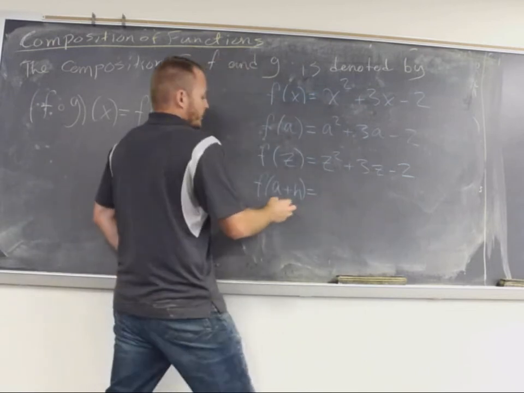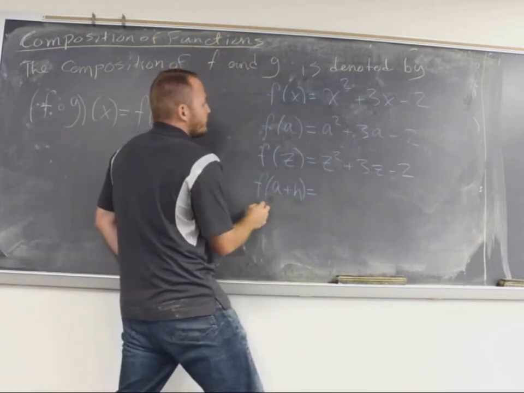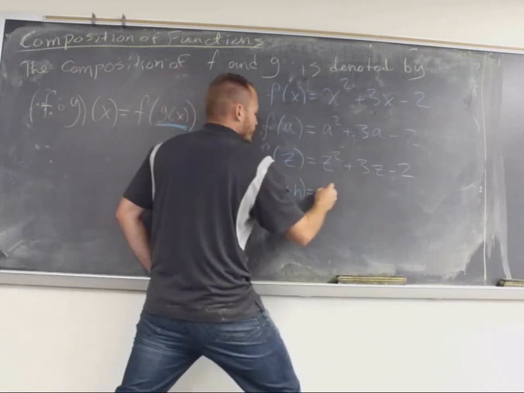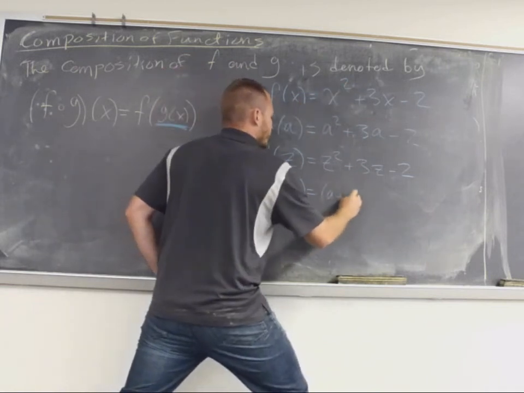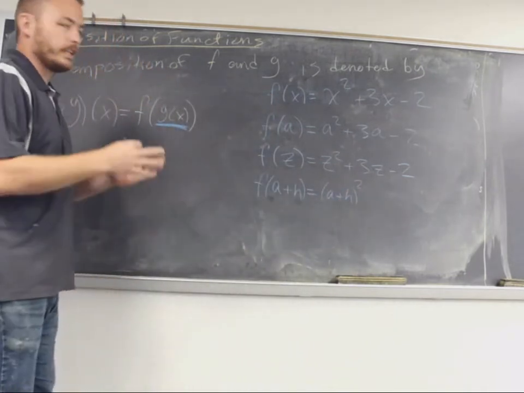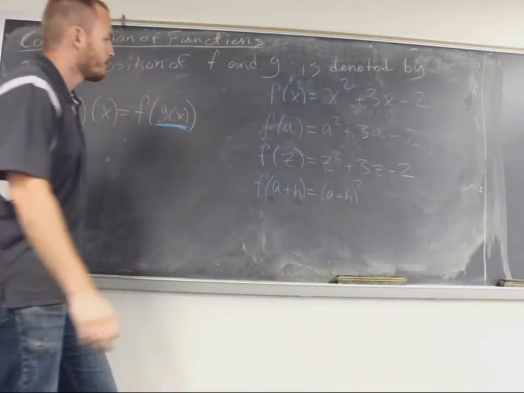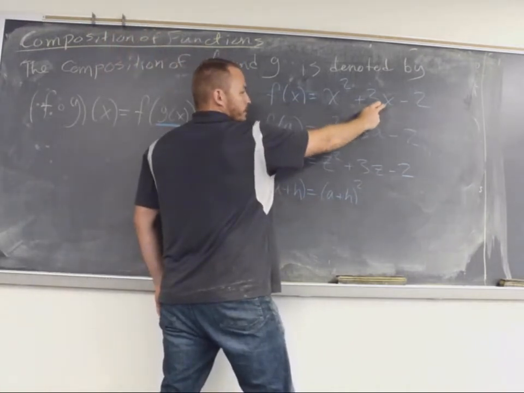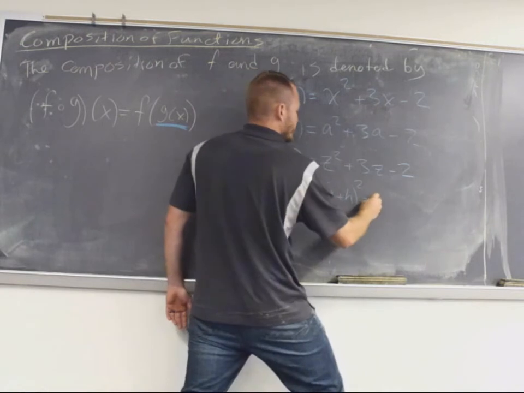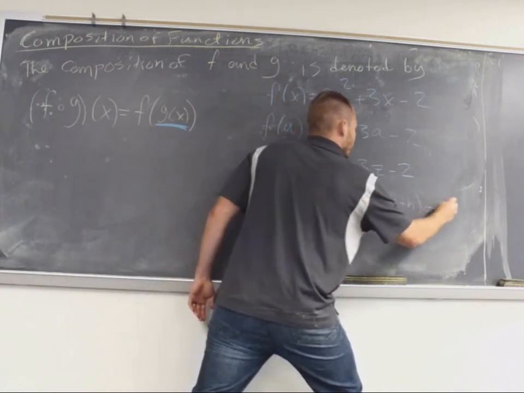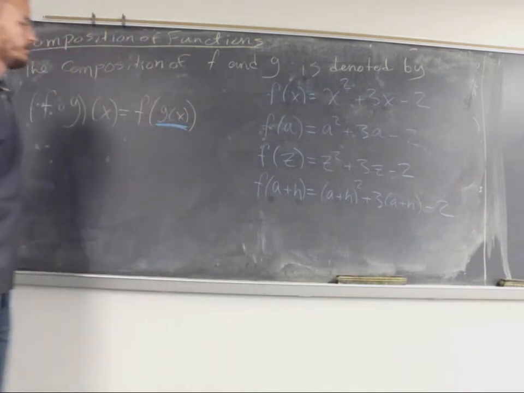So a plus h squared. It's important that it's in parentheses and it's squared. Then plus 3x. I know that x is a plus h now, so plus 3 times a plus h. And then that minus 2 is still out there.